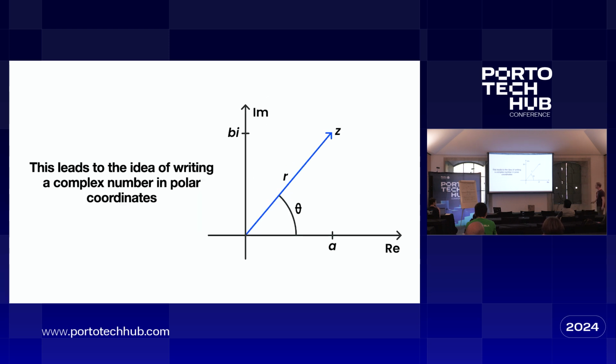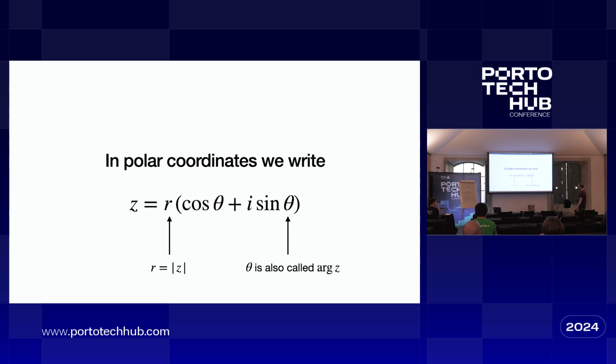I'm going to do something that looks kind of silly. I'm going to say that this angle here, I'm going to call it theta. And so we can write our complex number as z equals r, that's going to be the magnitude of the complex number.